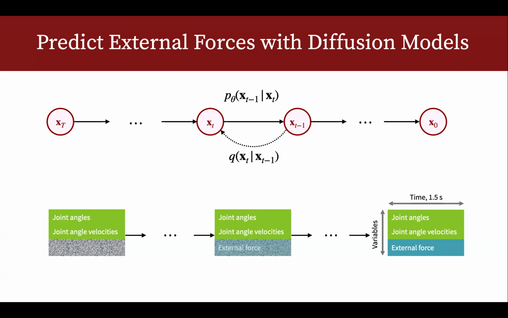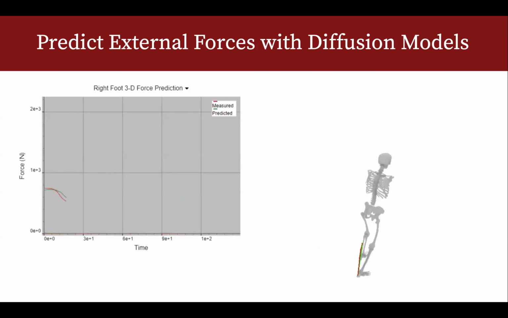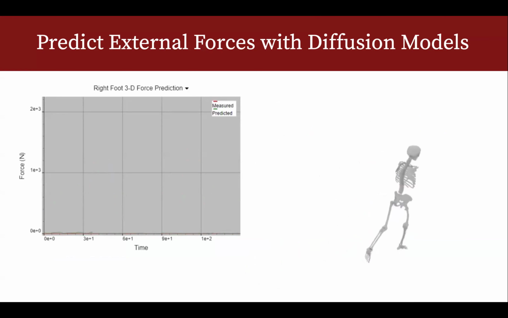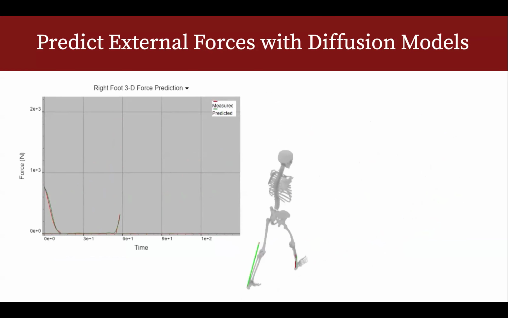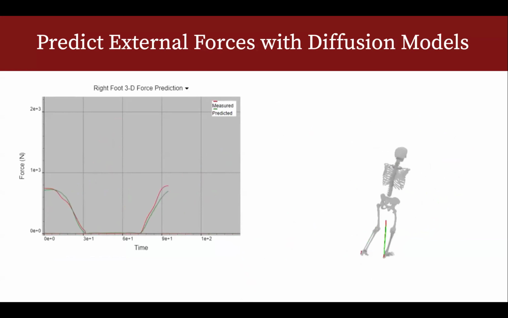That's how we predict external forces. And then here are some qualitative results. You can see that even with this kind of pathological gait, we can predict the ground reaction forces pretty well. What you're seeing is the measured ground reaction force in red, and the predicted one in green.